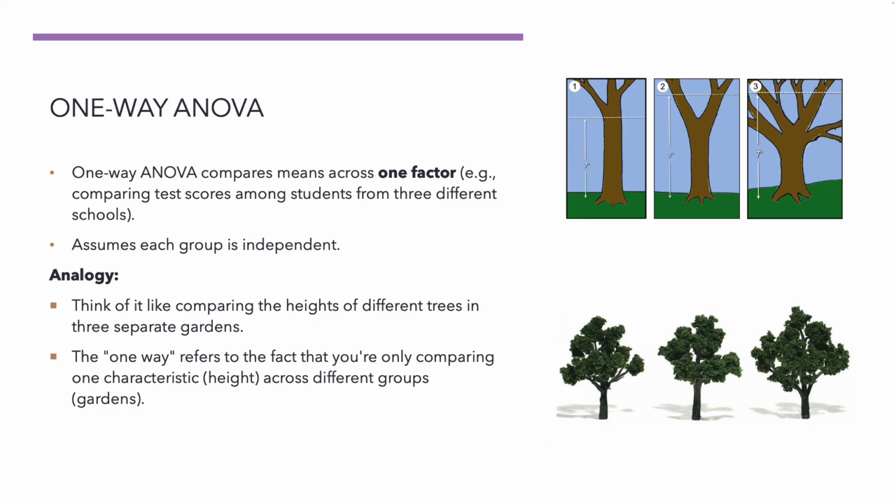So we could also think about this as, let's say we're doing schools and we're looking at test scores. Let's say I have school A, school B, and school C, and I am looking at one factor: test scores.